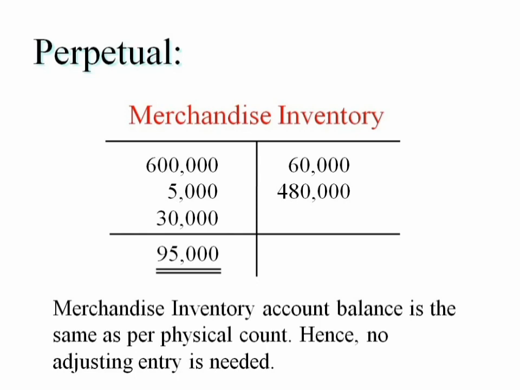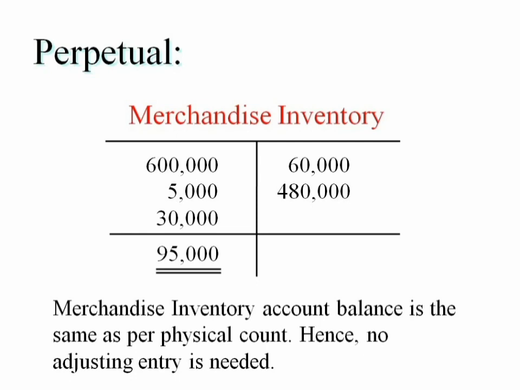Under the perpetual inventory system, as long as the total cost of the ending inventory per actual or physical count equals the amount of the inventories per record, then there is no adjusting entry to be made for the merchandise inventory at the end of the accounting period.